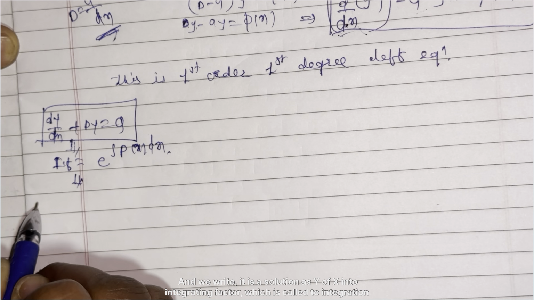So the solution is y of x into the integrating factor, which is e raised to minus ax, equal to integration of q of x, which is a phi of x, multiplied by the integrating factor, e to the power minus ax, dx plus c.